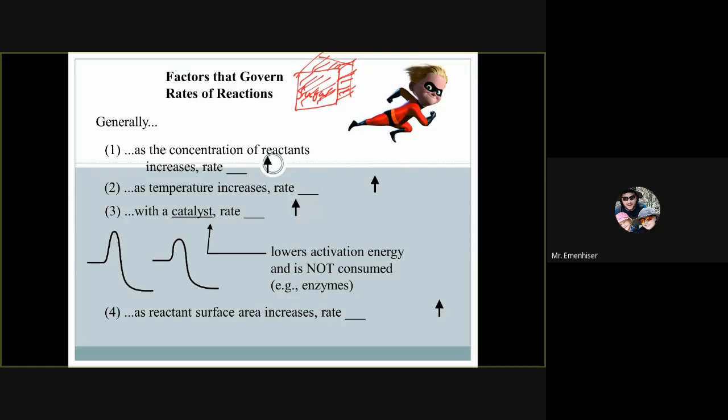But let's take that sugar cube and break it up into a bunch of little cubes. Let's break it up into 100 tiny little sugar cubes or sugar grains, right? And so now the surface area on the sugar is increased exponentially because all of them have exposed surfaces, right?